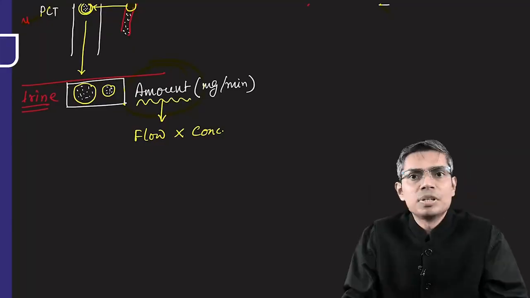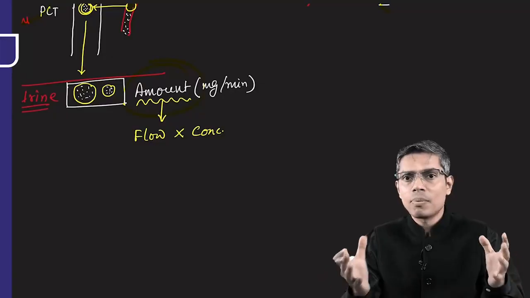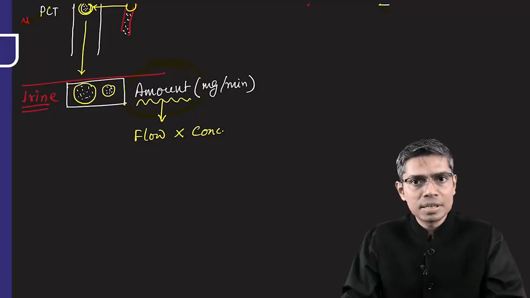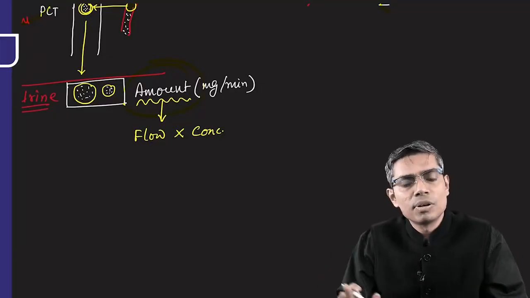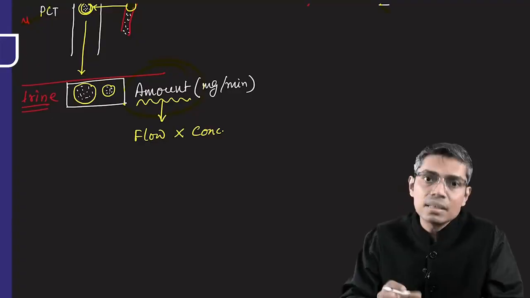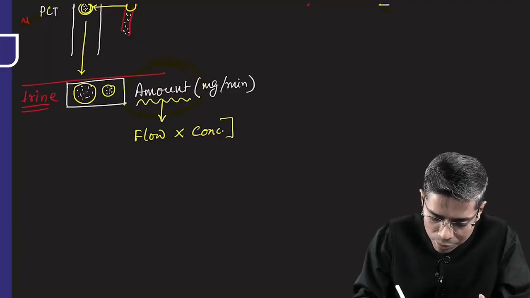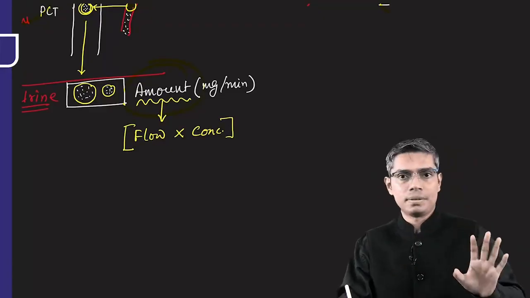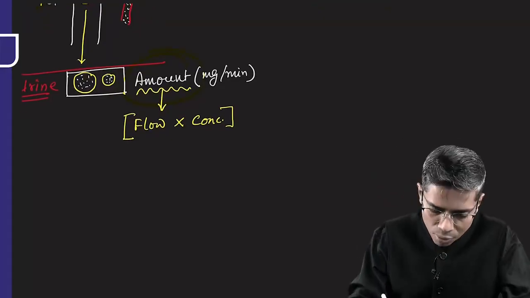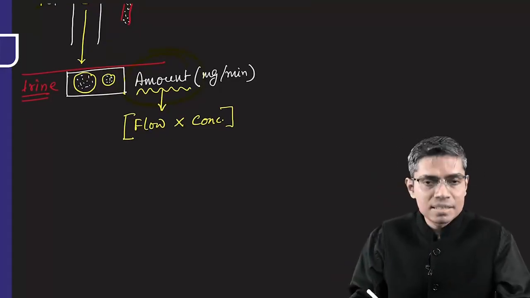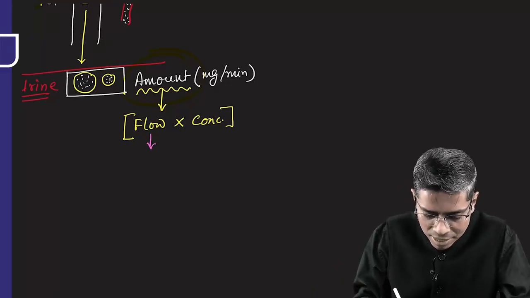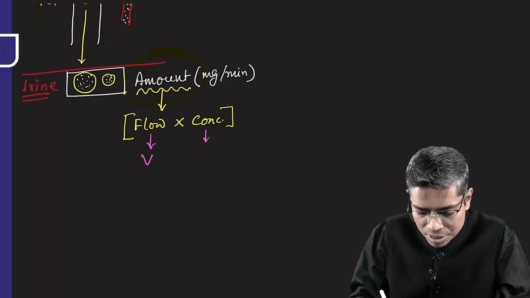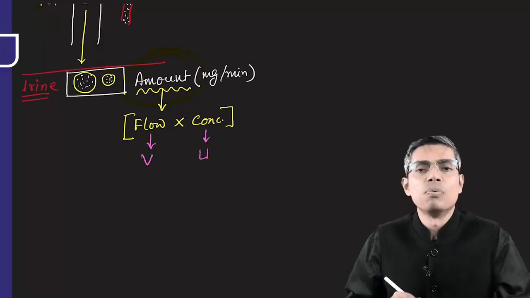You collect the urine, 24-hour urine maybe, you measure the total volume per unit time and you multiply that volume with the concentration of creatinine in the urine. That way you are going to get the amount of creatinine in urine, right? So this flow of urine, or the volume per unit time, is denoted by V, and concentration is denoted by U. Getting my point?